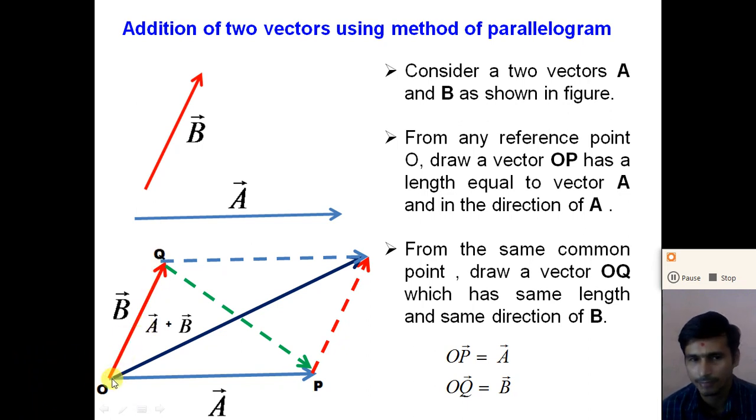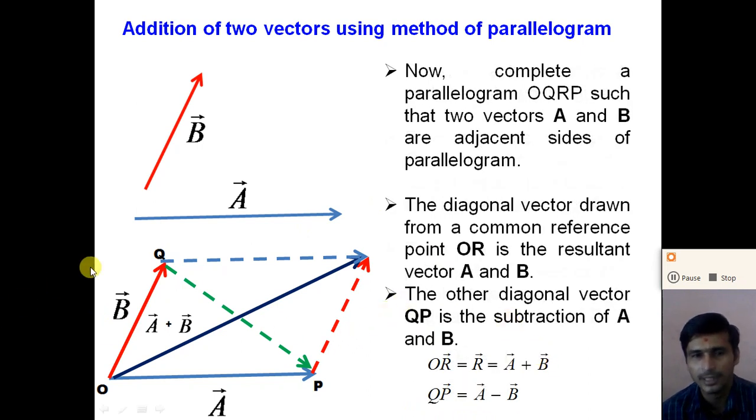From the same common point, draw a vector OQ which has the same length and the same direction as the vector B. Right? So here from the one common point O, draw both vectors, vector A and vector B. So you can say that vector OP is equal to vector A and vector OQ is equal to vector B.